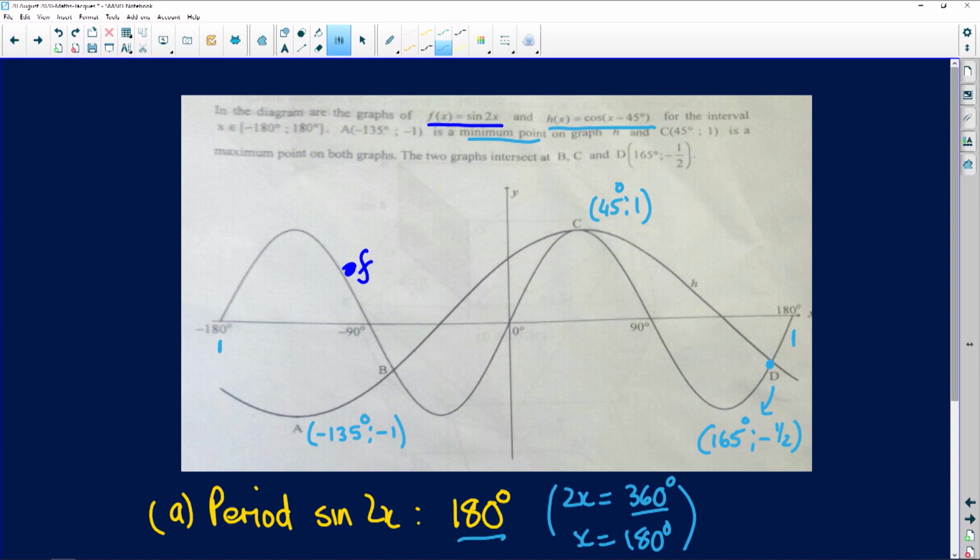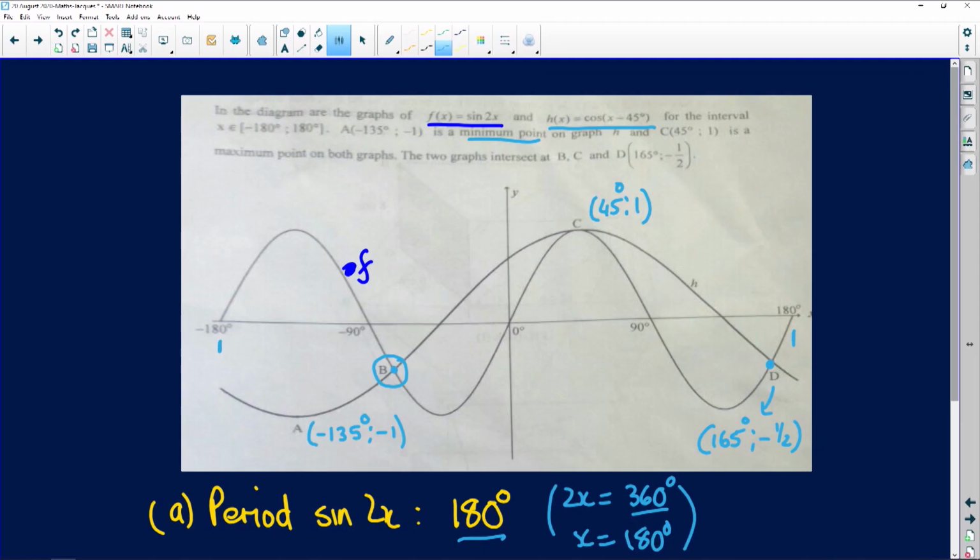Now they're asking us to find the x coordinate for point B that lies over here. It's where these two curves are indeed crossing one another. Now, folks, yes, you can say that those two curves cut each other there and solve them simultaneously if you want to. Okay, but the clever thing here is to use the symmetry in the graphs.